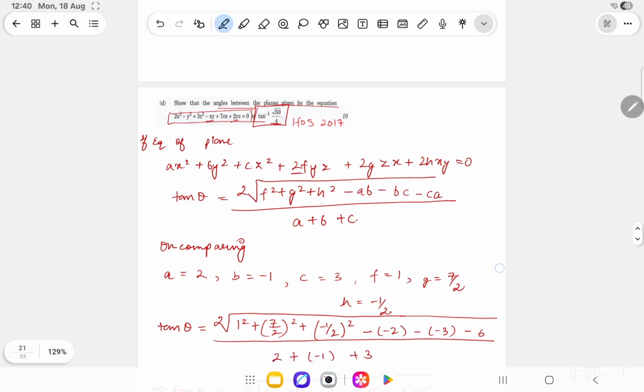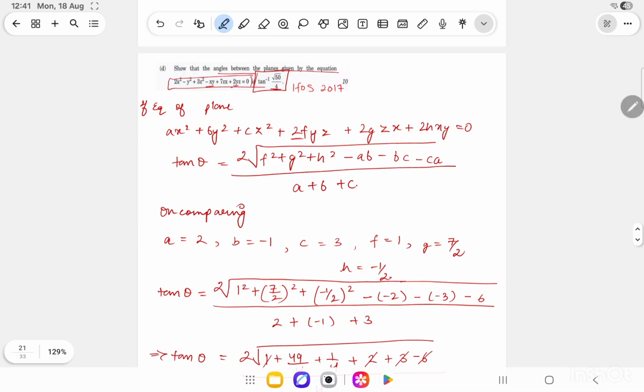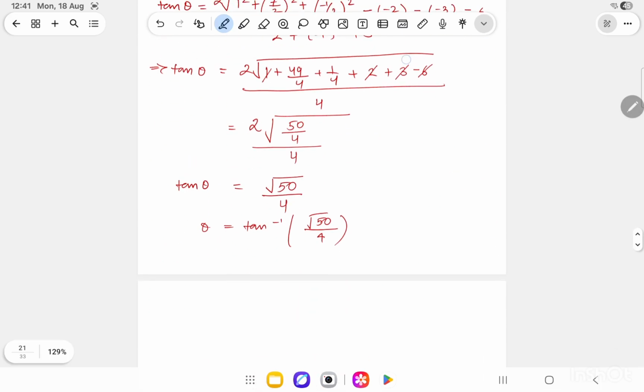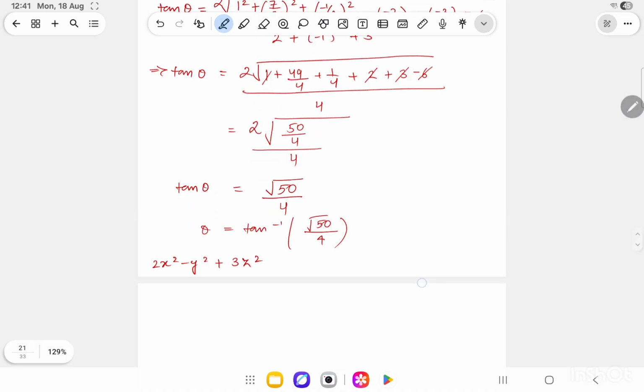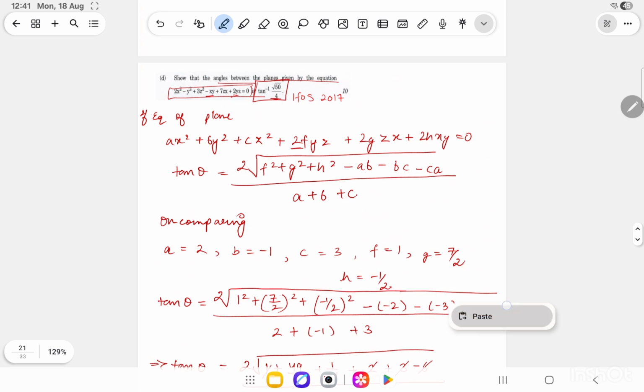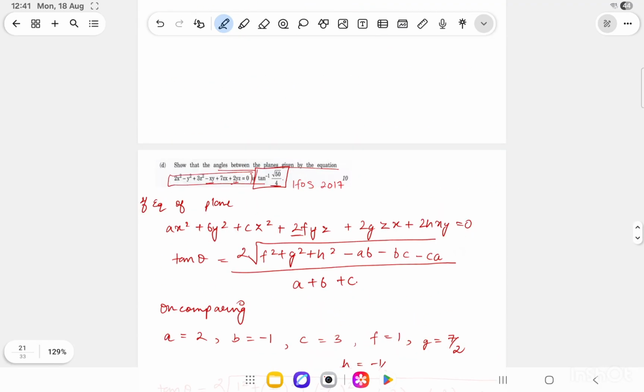If you don't remember this formula in exam, what you can do is you can just assume two planes. So let me show that as well. So the given equation of plane is 2x square minus y square plus 3z square minus xy plus 7zx plus 2yz equals to 0.